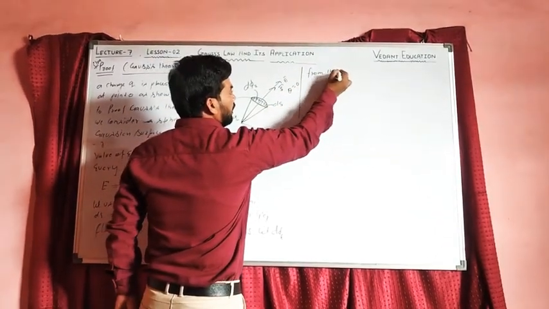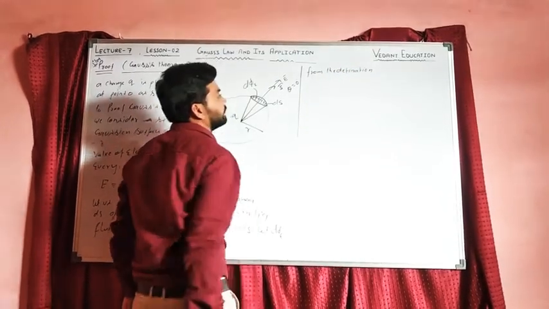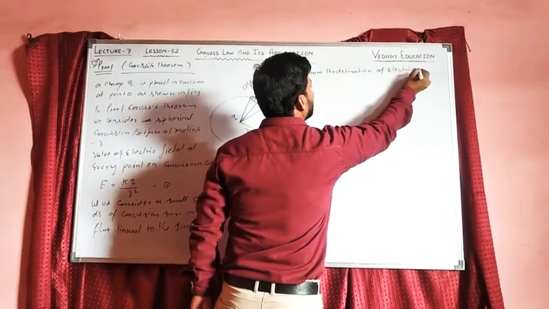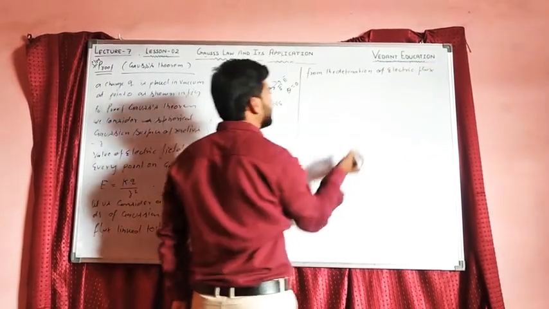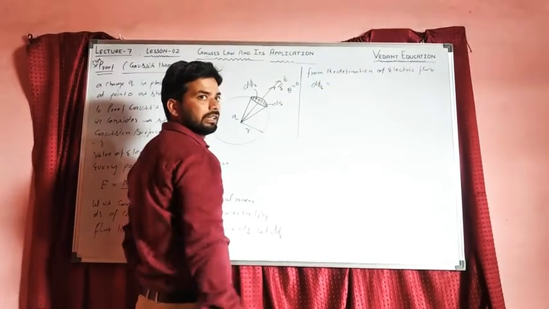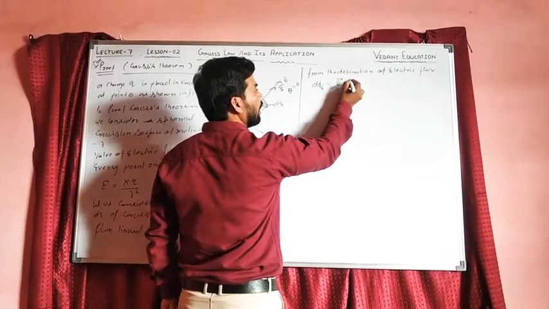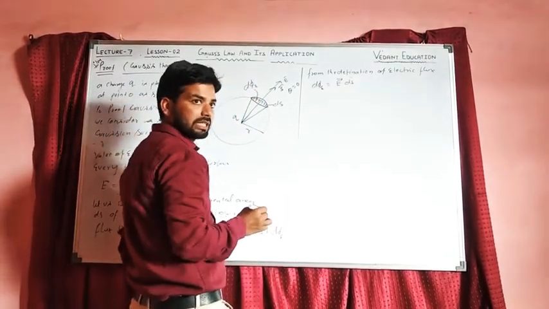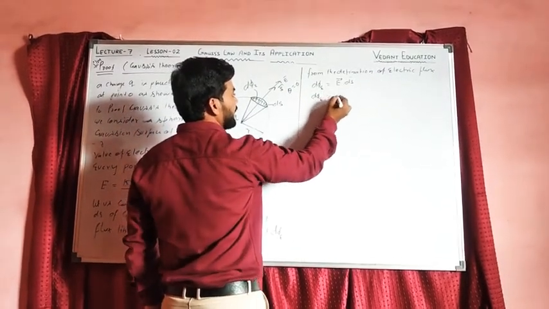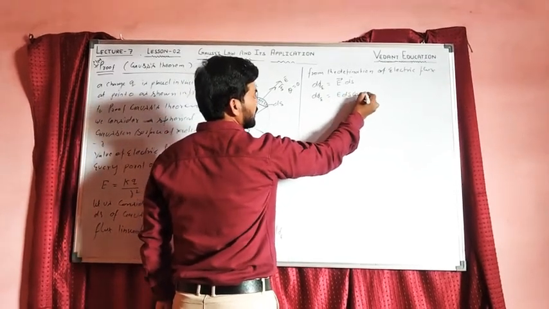From the definition of electric flux, d phi e equal to E dot ds, which is E ds cos theta.